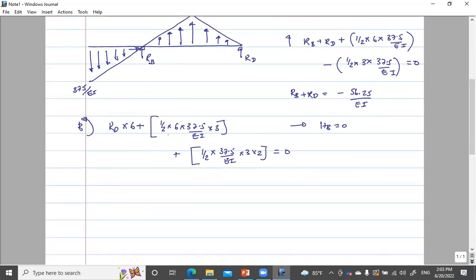So if I remove 6 from this, 6 goes, 2 and 3, 6 goes.